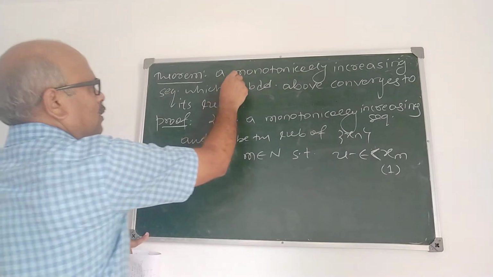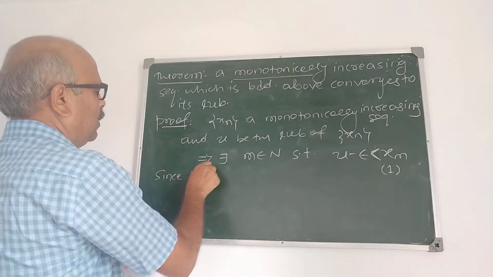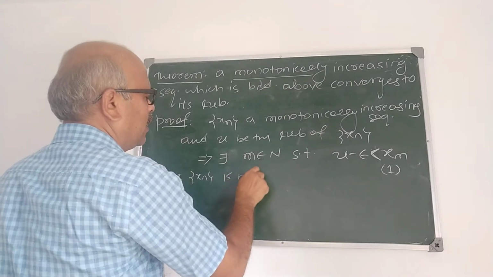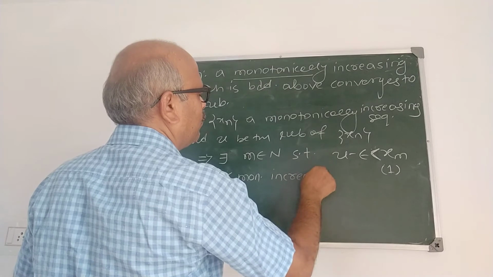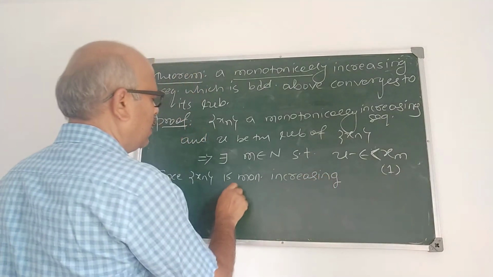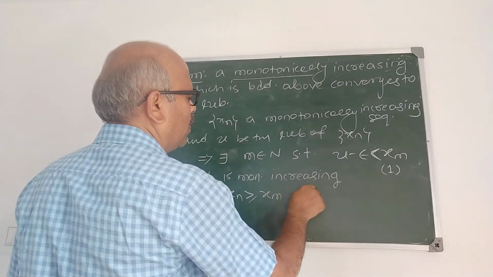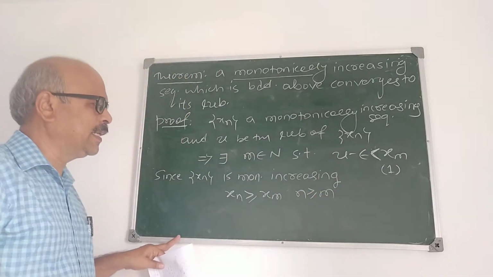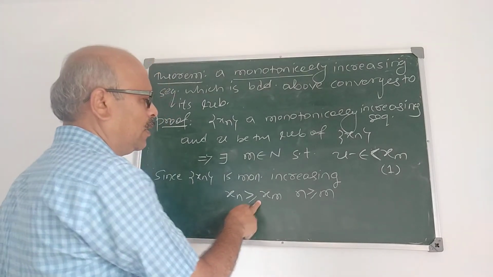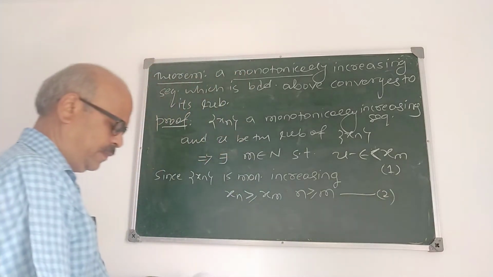Now we use monotonically increasing. Since xn is monotonically increasing, xn is greater than or equal to xm for all n greater than or equal to m. This is 2.